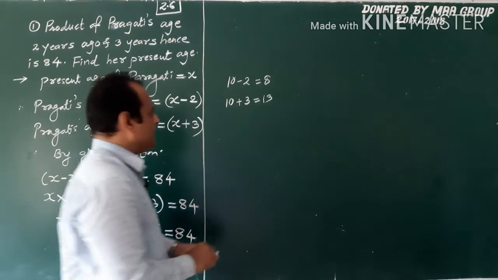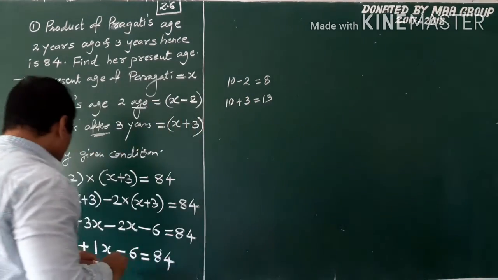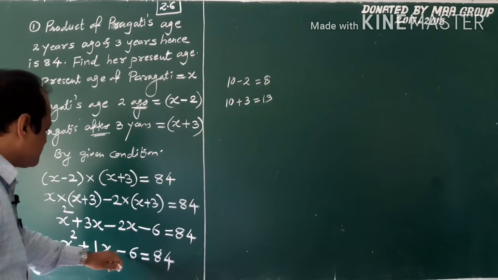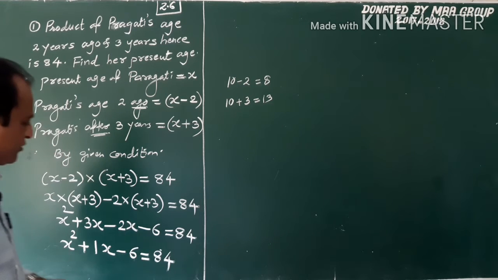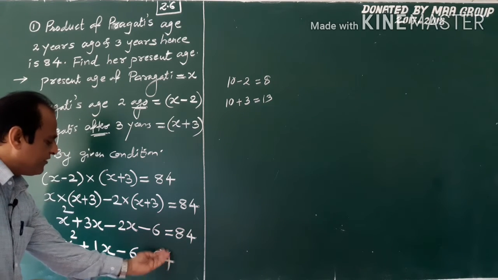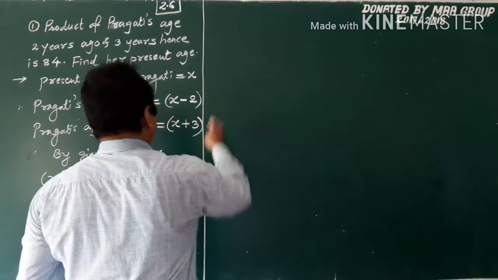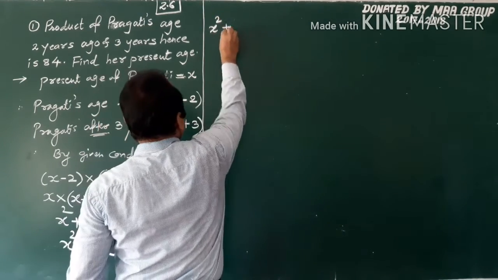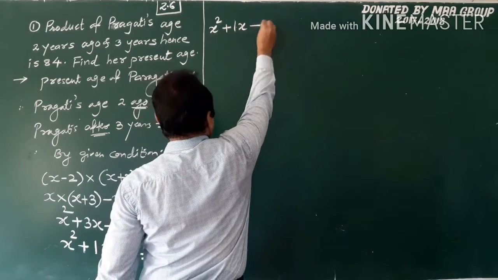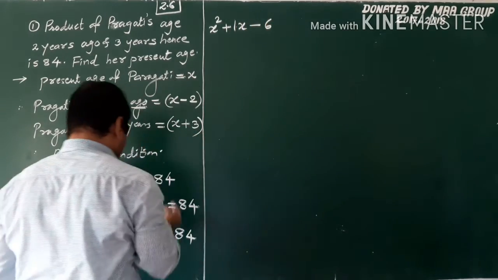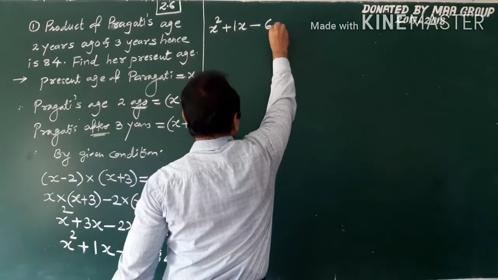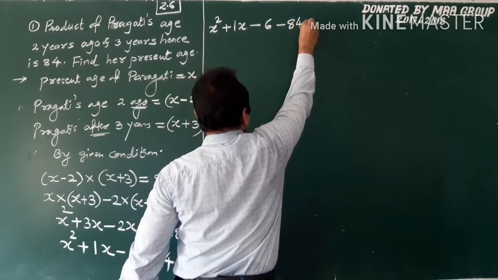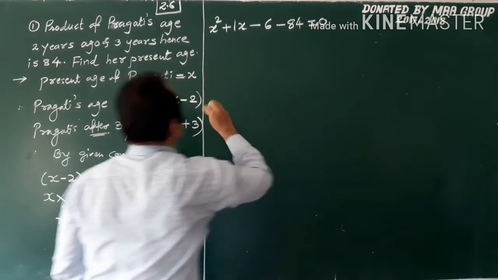Now for the next step, we are going to take 84 to the left side. x square plus 1x minus 6, then 84 comes to the left side, it becomes minus 84, is equal to 0.